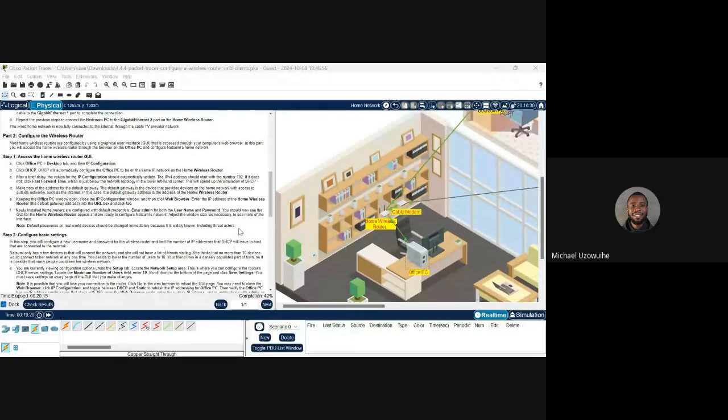Hello, sir. We can hear you. Can you see this Office PC that has Physical, Config, Desktop and Programming? Yes, sir, we can see it.